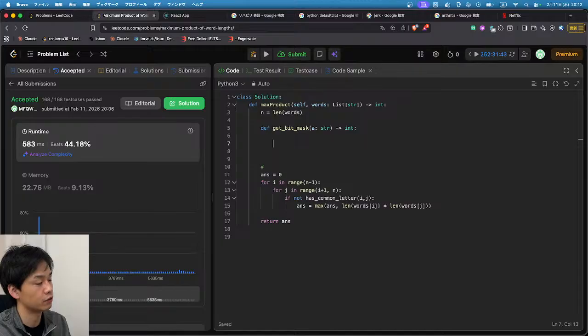But it's difficult to implement it. So ask AI in Python how to convert string to bit mask representation.